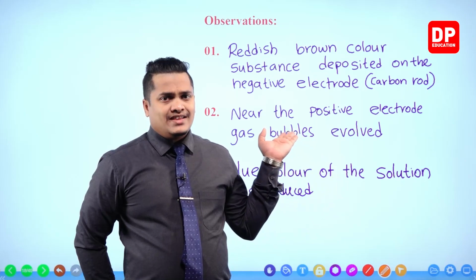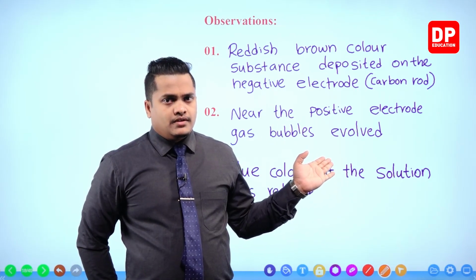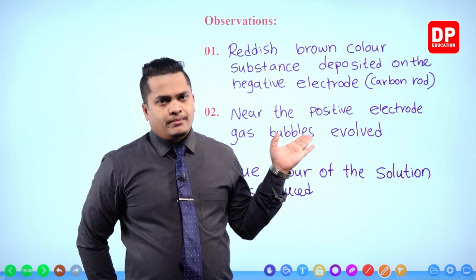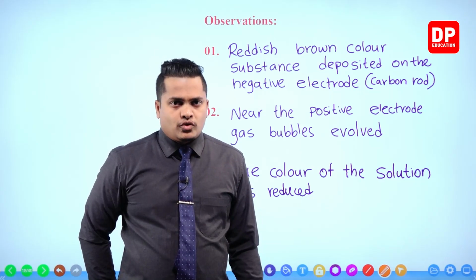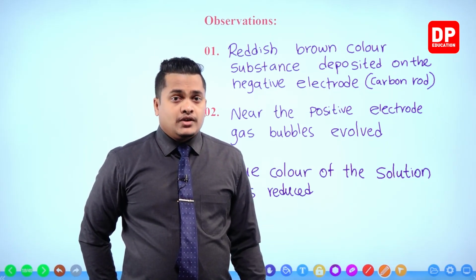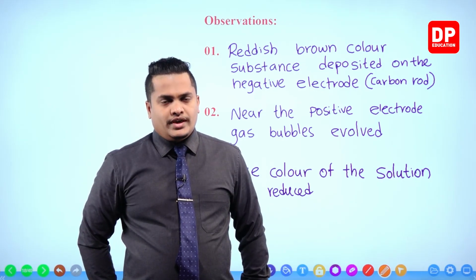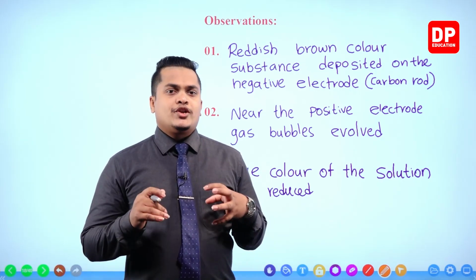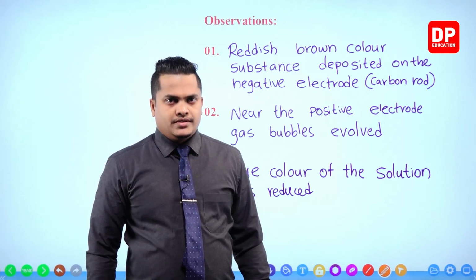Now, by looking at these observations which we took from the experiment, we can come to the conclusion that when providing electricity, the electrolyte is going to change chemically. That means the electrolyte is going to undergo a chemical reaction upon providing electricity to it.